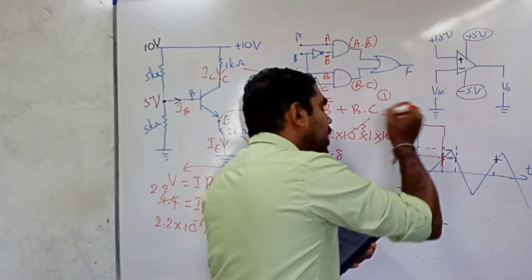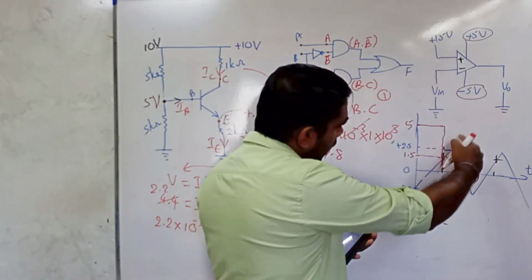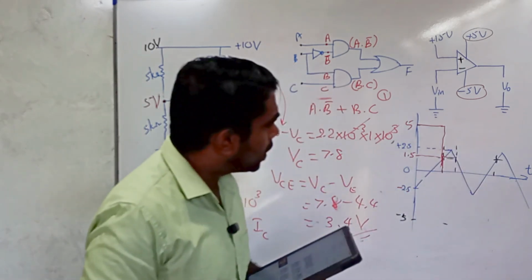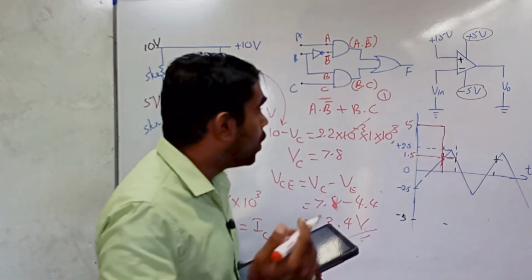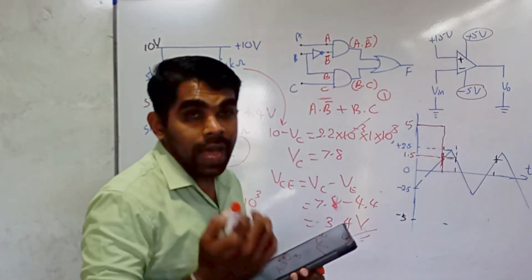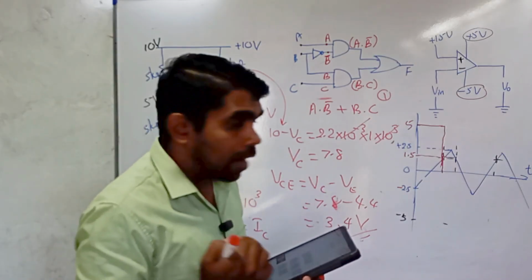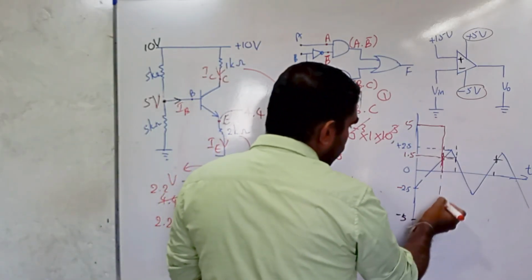Then, after passing this point, when increasing the input voltage greater than 1.5, we can observe that the minus terminal has a larger voltage than the plus terminal. Therefore, the circuit is minus saturated.